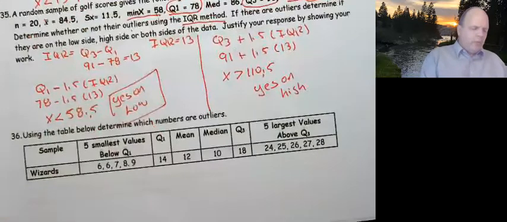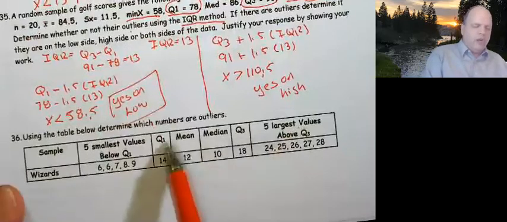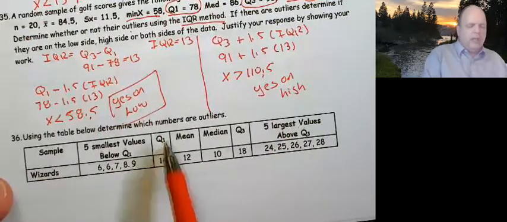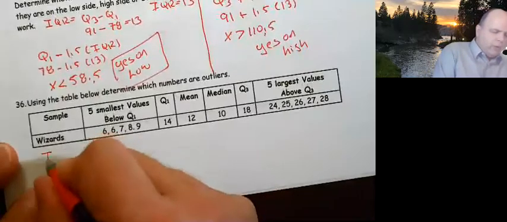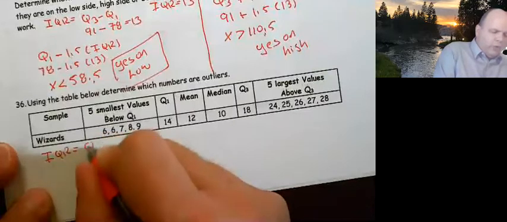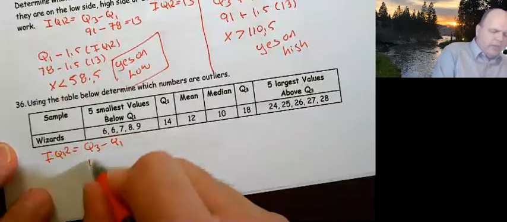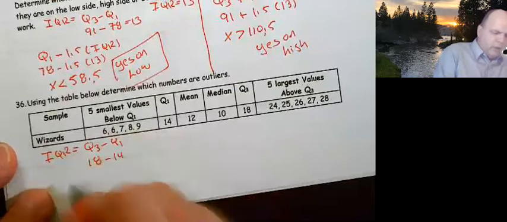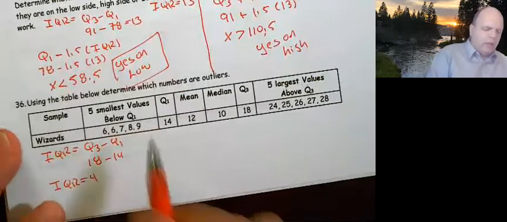All right, use the table below to determine which numbers are outliers. Okay, so I have the 5 smallest values, and then I have Q1, Q3, and the 5 highest values. Well, I know to calculate outliers, I need Q1 and Q3 and do the IQR. So let's start with that. So IQR equals Q3 minus Q1. So in this case, 18 minus 14, our IQR happens to be 4. So let's do the low side outliers first.